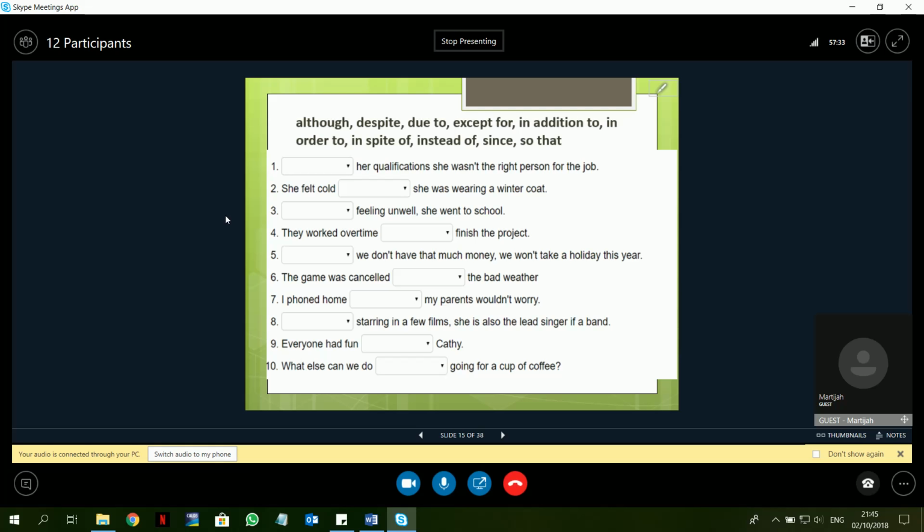Jadi, in spite, despite, dan although itu semuanya dipakai untuk menunjukkan contrast. Hanya bedanya, in spite dan despite itu diletakkan di depan setelah noun atau pronoun. Jadi hanya in spite dan despite itu diletakkan di depan. Kalau although itu bisa diletakkan di tengah.